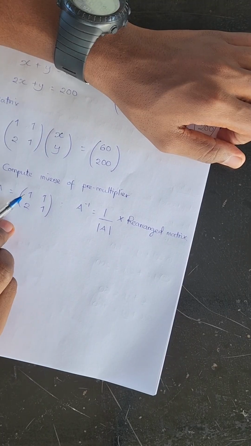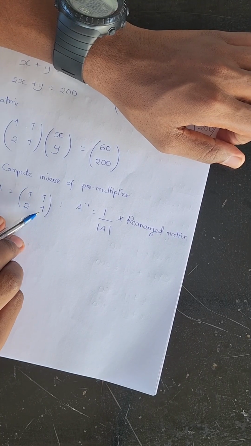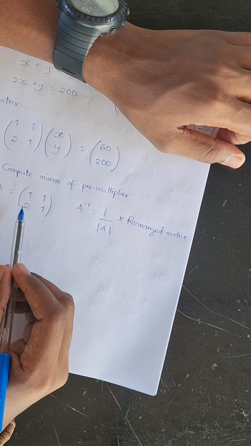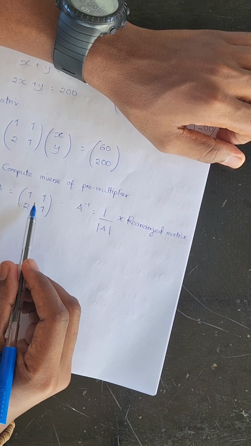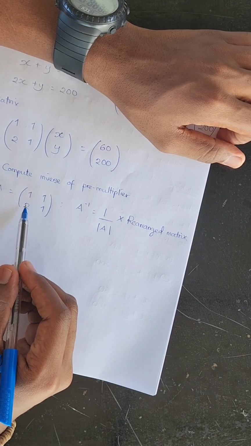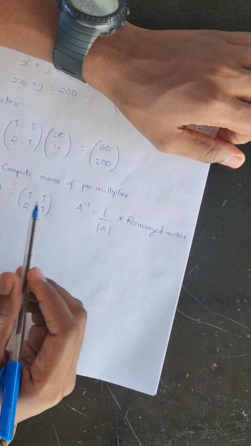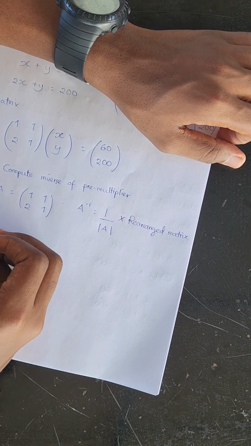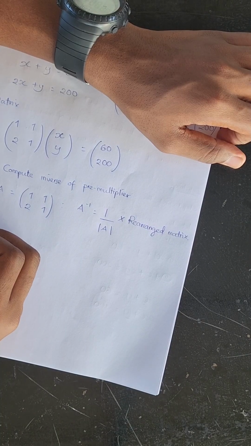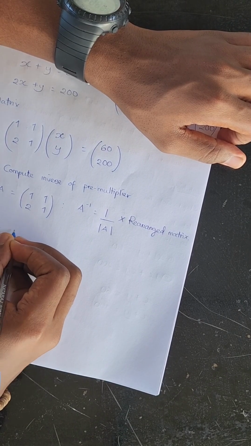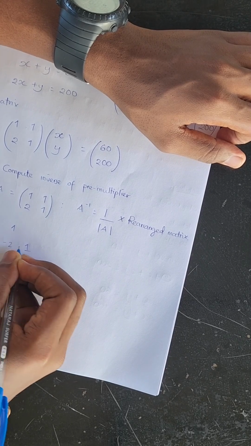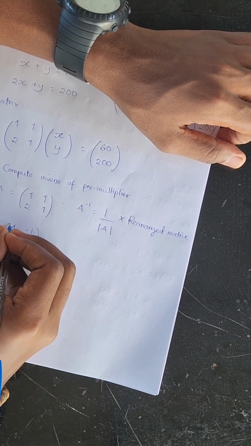What happens is we interchange the elements of the main diagonal and we change the values of the anti-diagonal from negative to positive and positive to negative. So our rearranged matrix will be 1 1 negative 2 negative 1.